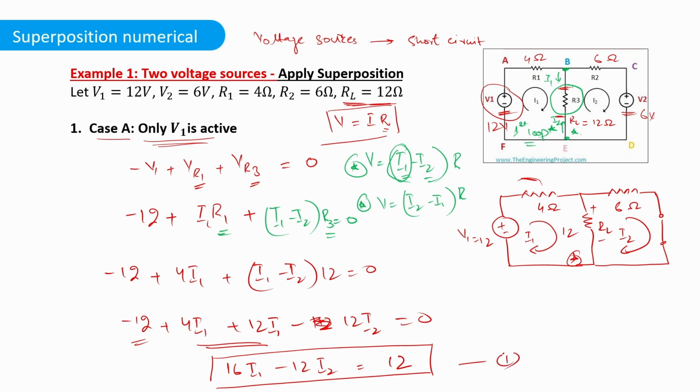I will call this the first equation because I have two unknowns and one equation. In order to solve this, I will apply the KVL in the second loop, keeping the same case A, which is only V1 is active. So let's apply KVL in the second loop, proceed with the solution in the next slide.